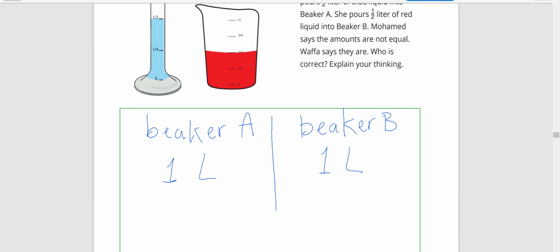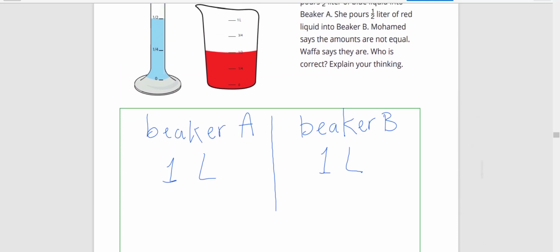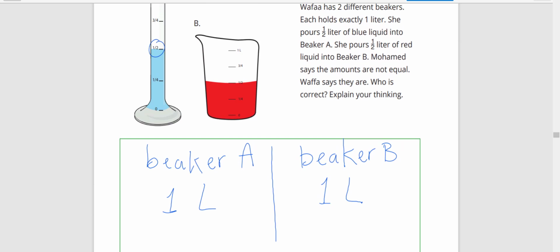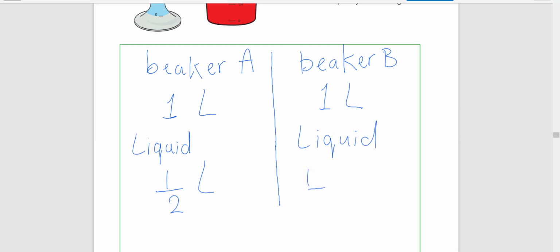The liquid reaches half a liter here, and here the liquid reaches half a liter.